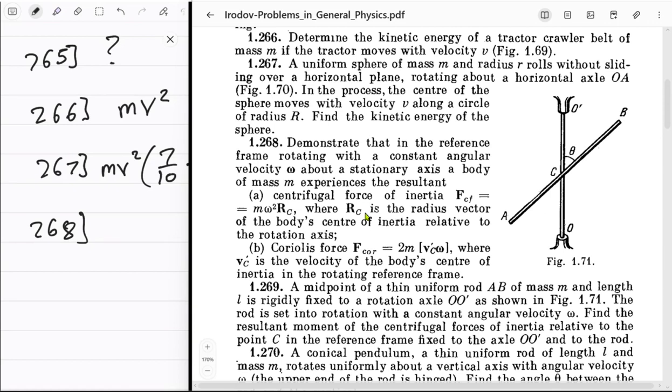A body of mass m experiences this thing. So this is actually not a point mass. It's a body that is like a sphere or something like that, right? That's complicated. But this body could be any abstract stuff. So you gotta do it using discrete point masses, sums of those things, right?